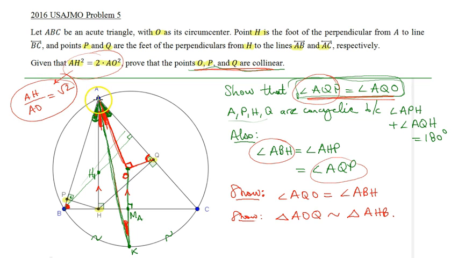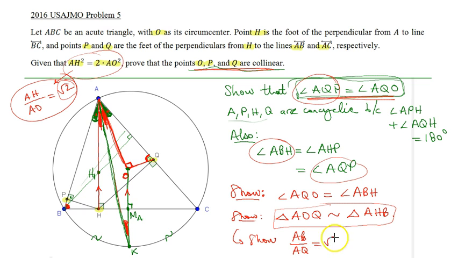So we are also given the ratio of the sides AH and AO, and that's root 2. Therefore, all I need to establish this similarity from side-angle-side similarity is to show that AB over AQ is equal to root 2.